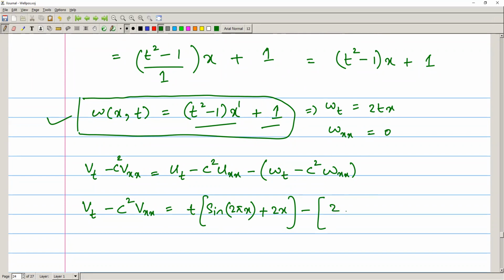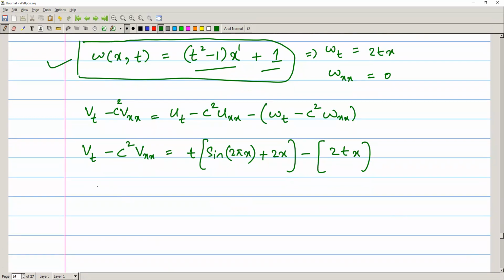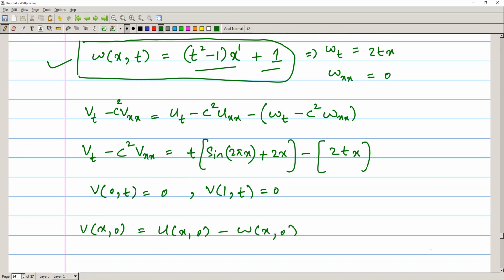So we can write 2tx, and the boundary conditions will be now v of 0 comma t will be 0, v of 1 comma t will be 0, and v of x comma 0 will be equal to u of x comma 0 minus w of x comma 0.